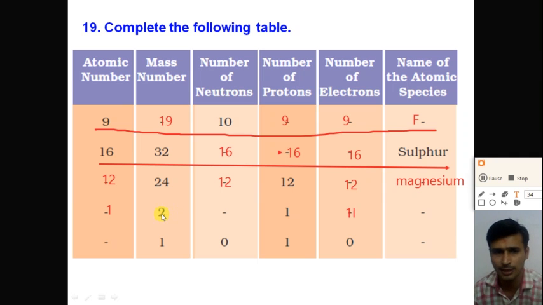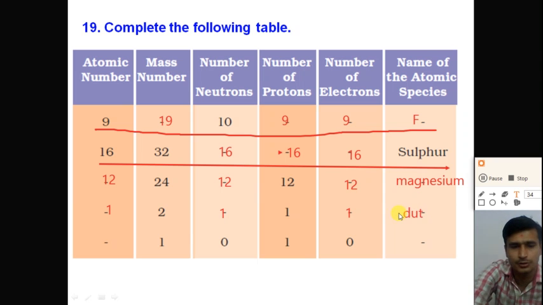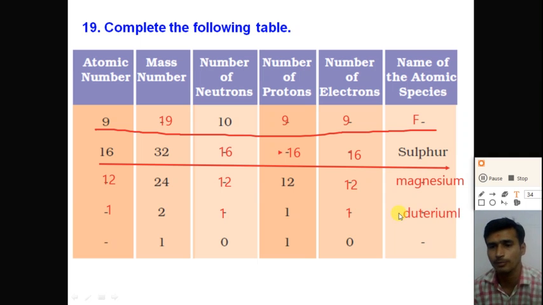So the number of neutrons is 2 minus 1, that is 1, right? So the atomic number is 1 and mass number is 2. The name of the element is deuterium, right? It is one isotope of hydrogen.